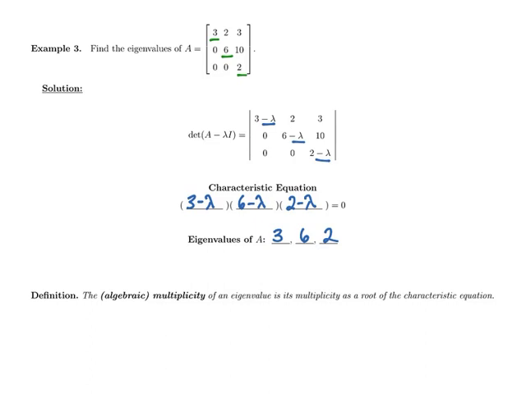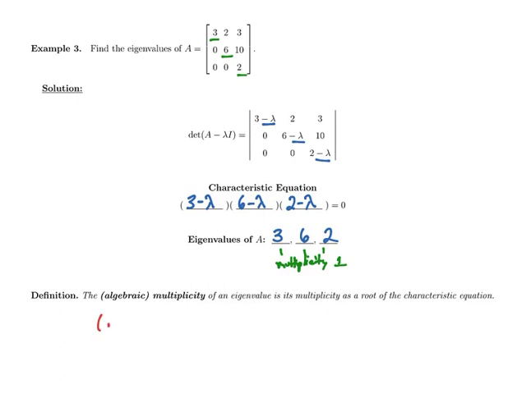Another concept of eigenvalues we're going to introduce is the multiplicity of the eigenvalue. The algebraic multiplicity is going to be the multiplicity as a root of the characteristic equation. It's how many times the factor corresponding to that eigenvalue shows up in the characteristic equation. And we'll see an example on the next page that has a multiplicity other than 1. In these cases, all of these have algebraic multiplicity 1, because the corresponding factors only show up once in the characteristic equation.